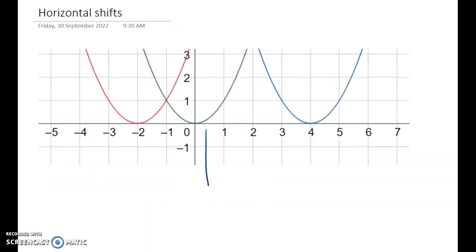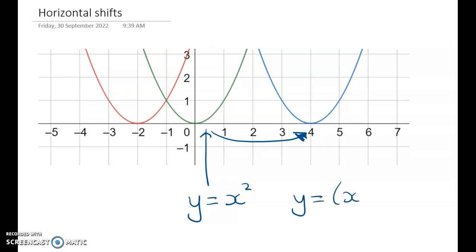So in here, the green graph is my basic parabola, y is equal to x squared. If I want to move everything over by 4 units to the right, then my new curve will have equation x minus 4 squared. So I'm taking my x and I'm subtracting off what I want to shift by to the right.